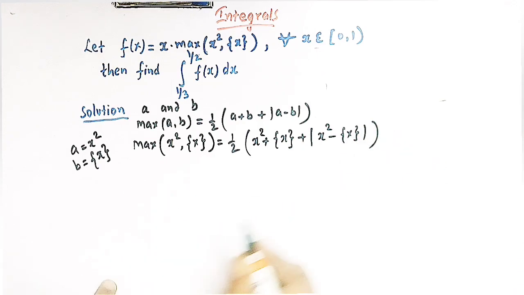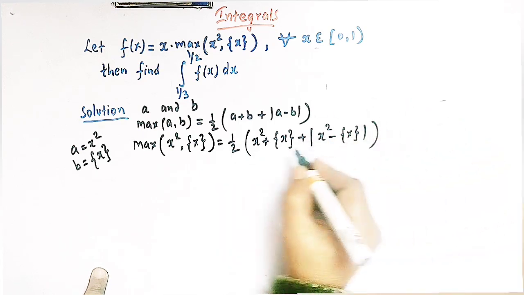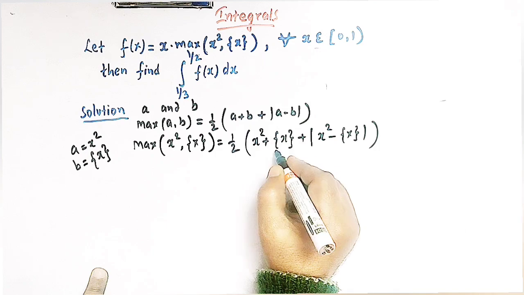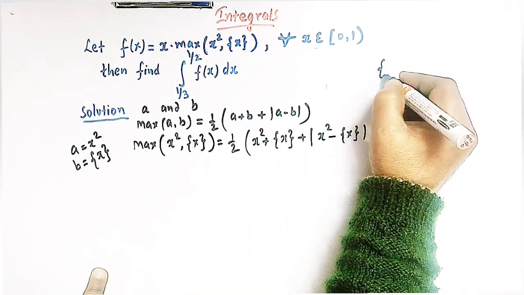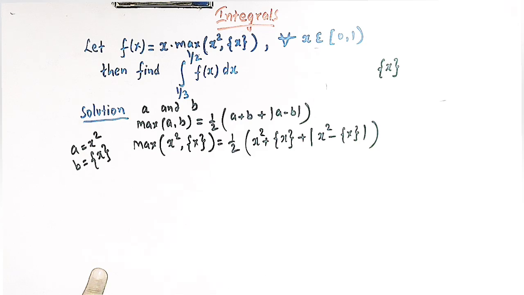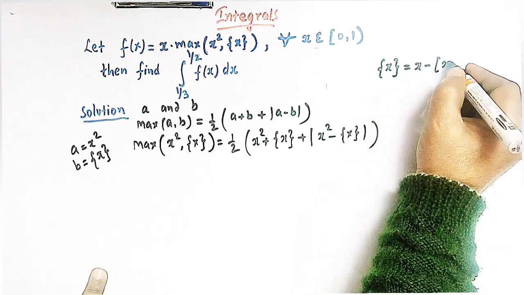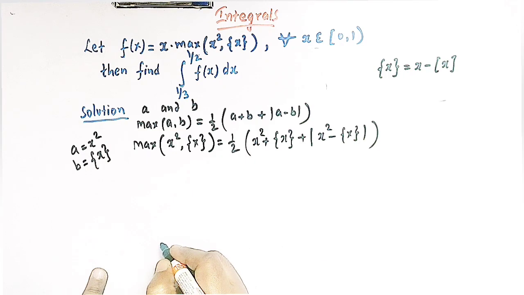Okay, now here we have a fractional part of x. So let us utilize the definition of fractional part of x by expressing it in terms of greatest integer function. So fractional part of x is x minus greatest integer of x.